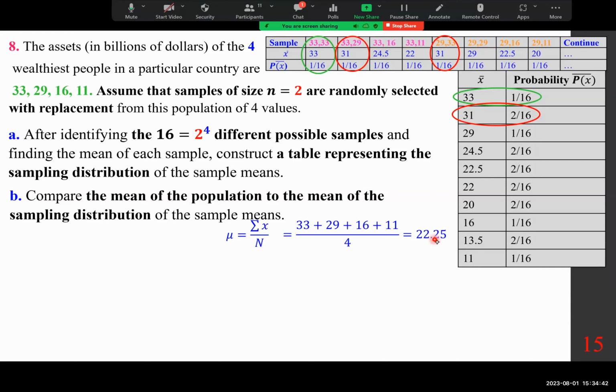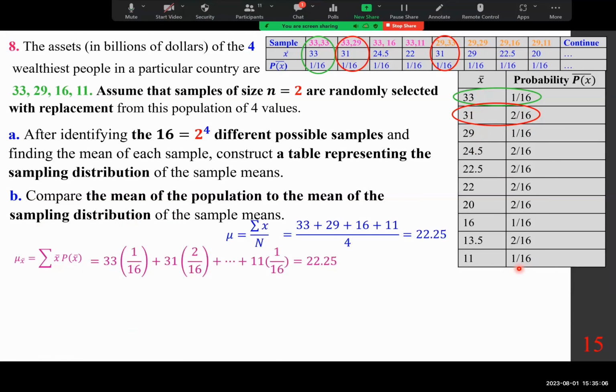How do we find the average of the sampling distribution? I hope you realize mu was the summation of x times p of x. So mu of x bar, by the same token, would be the summation of x bar times p of x bar, which means multiply these 2 numbers, multiply these 2 numbers, all the way to the end and add them up.